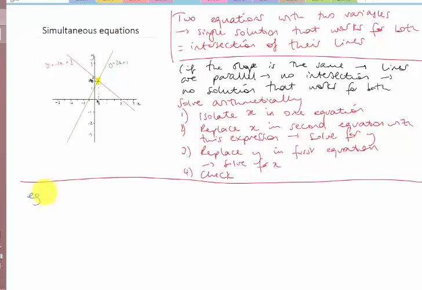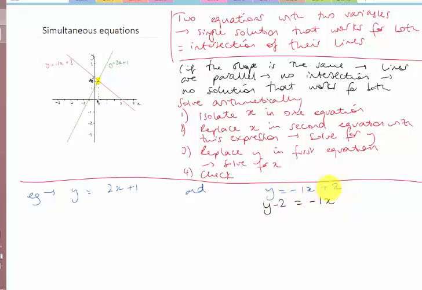So for example, let's look at these two equations we've just got. We've got y equals 2x plus 1 and we've got y equals minus 1x plus 2. Those are our two equations. So step 1, isolate x in one equation. I think I fancy isolating x in this equation here, so that would give us y minus 2 equals minus 1x.